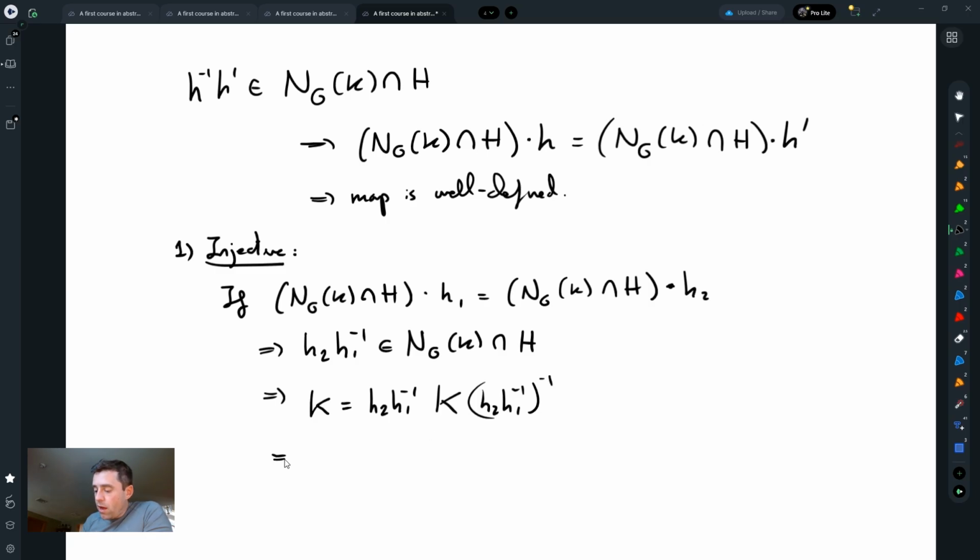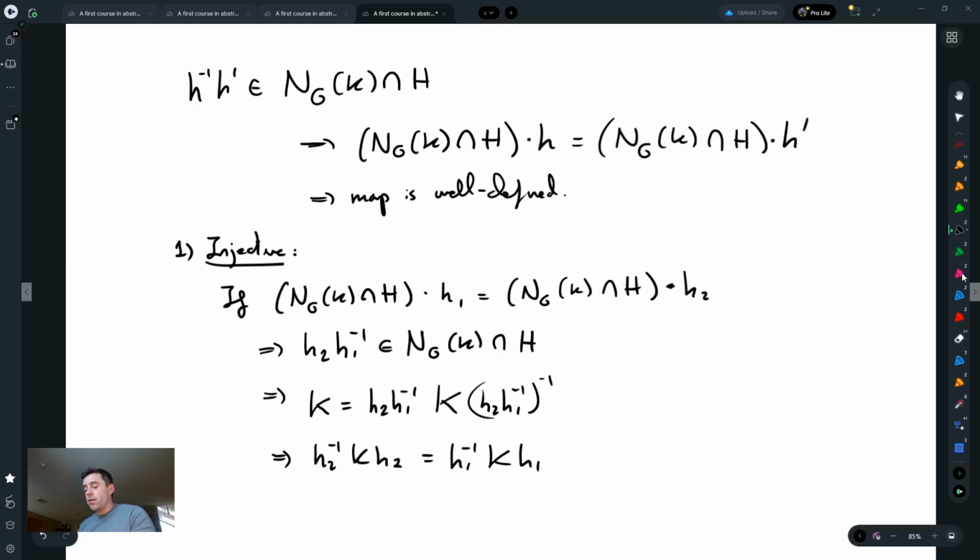But if I now multiply on the left by h2 inverse and on the right by h2, what I get is that h2 inverse K h2 is actually the same as h1 inverse K h1.